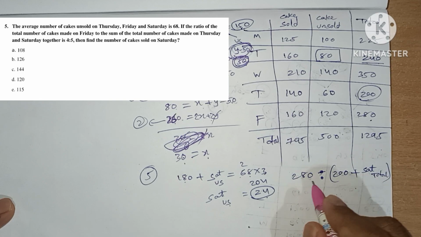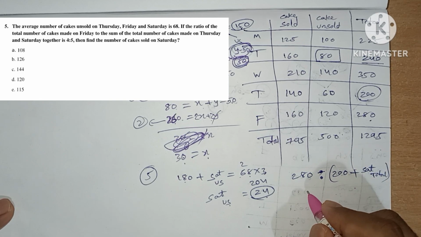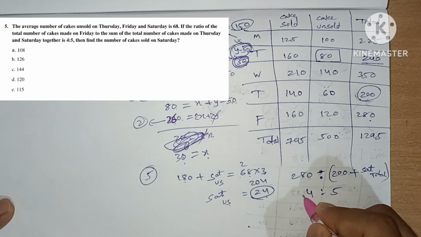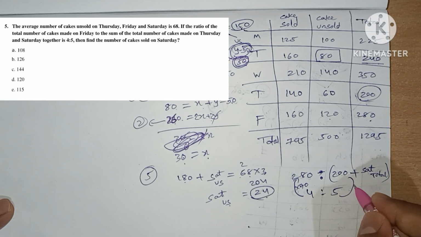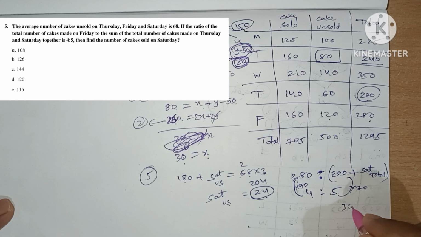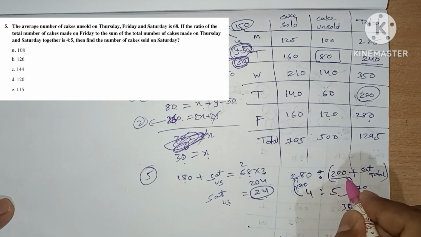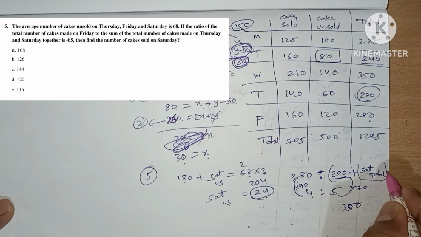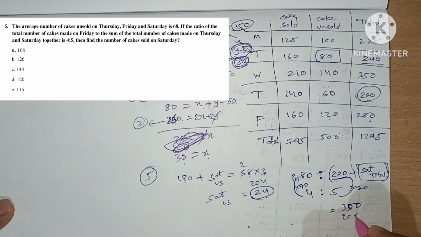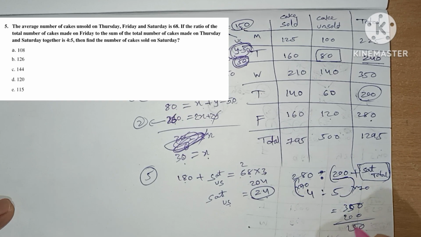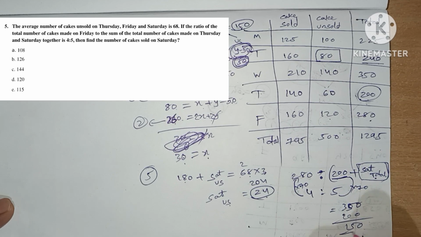The ratio is given as 4:5. If 4 parts become 280, that is 70 times. So 5 times 70 will be 350, but we already have 200. So the Saturday total is 350 minus 200, which is 150. So on Saturday 150 cakes are made.